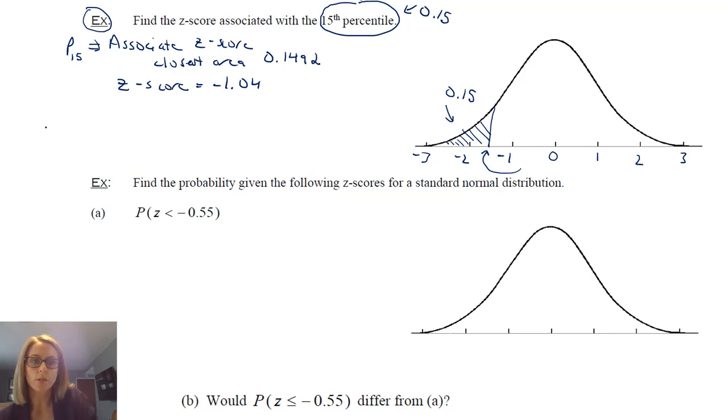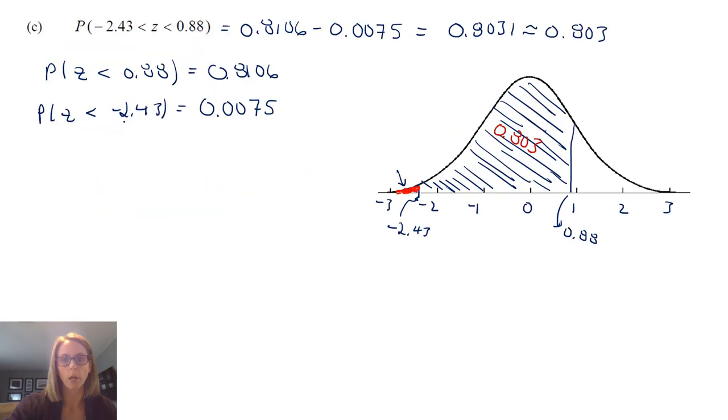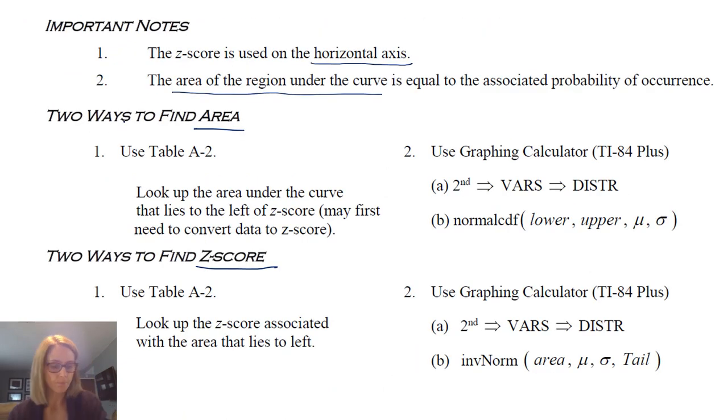Now, doing this on the calculator, I'll flip back to the directions right here. So here we're finding a z-score. What we just did was use the table to look up the z-score associated with the area that lies to the left.